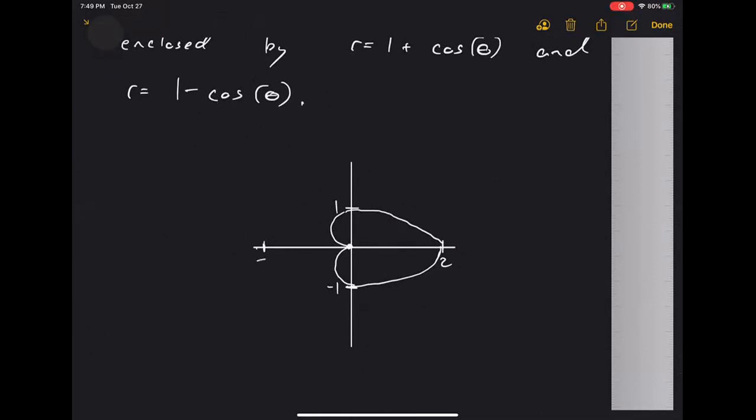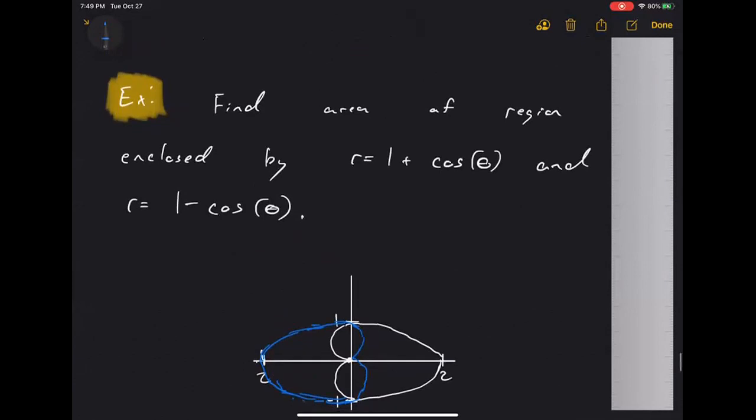So it looks like the flipped cardioid. And let's do this one in blue so we can keep track of what's what.